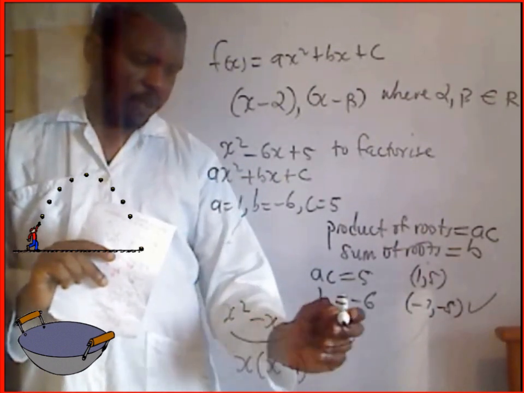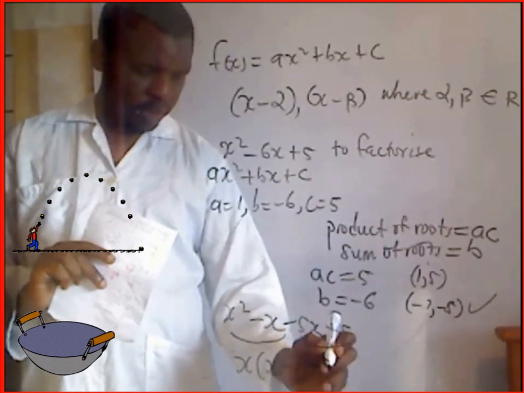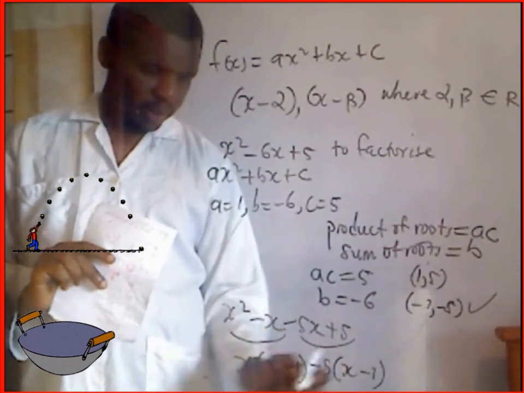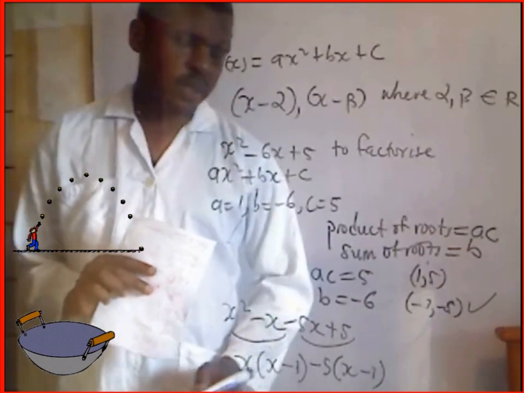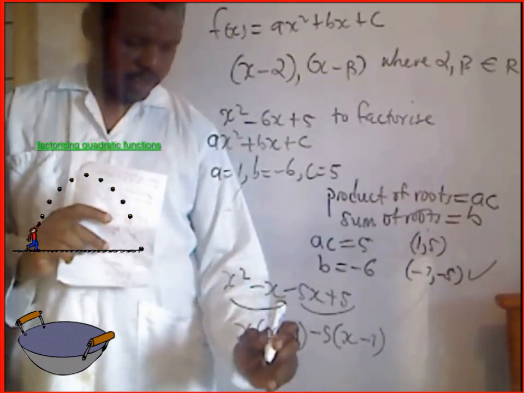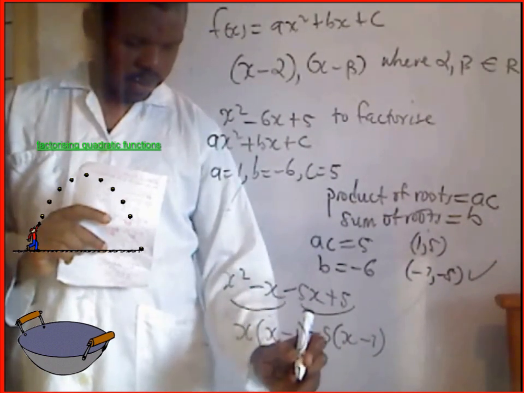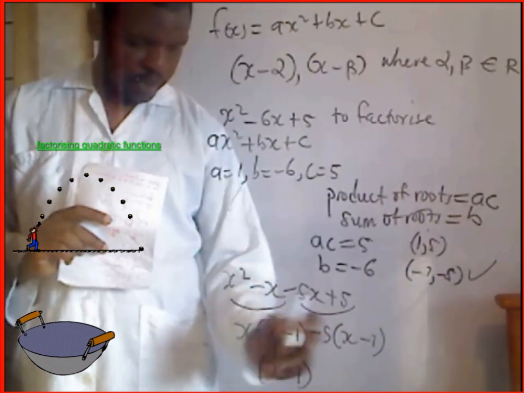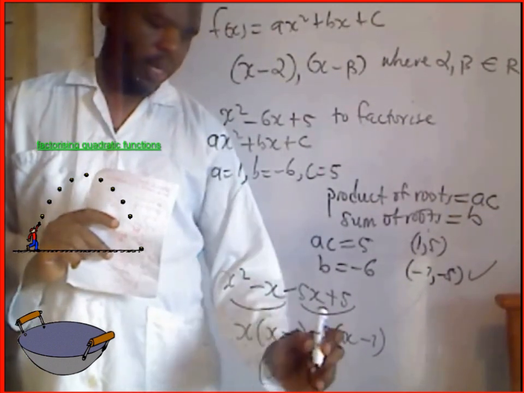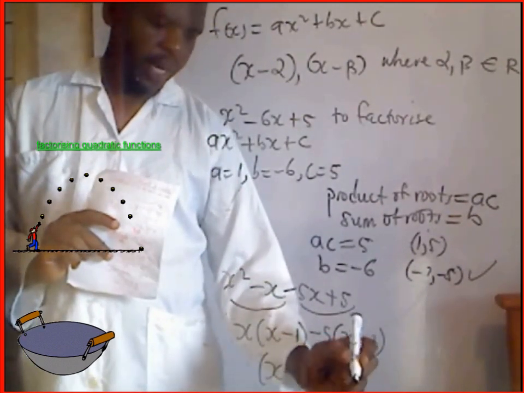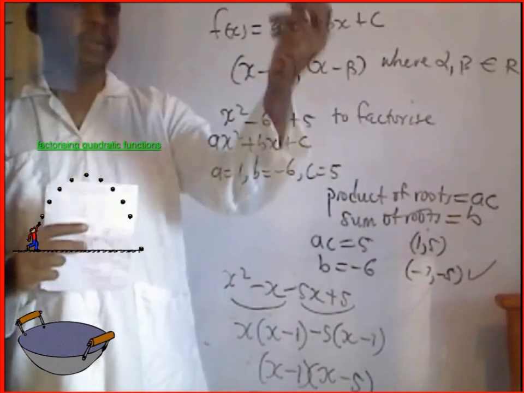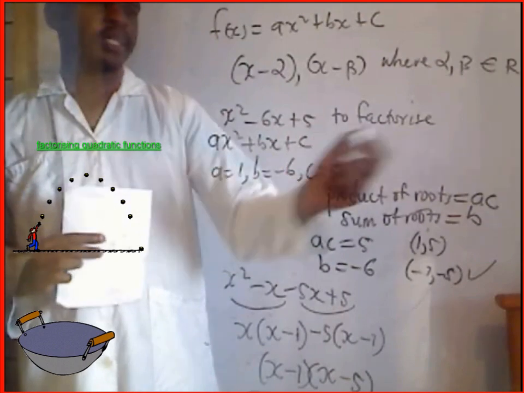Minus 5x plus 5, minus 5 is common. I'll have the x minus 1. So what is in brackets should be the same. Now, x minus 1 occurs twice. I write it once, x minus 1 factor of x minus 5, according to the distributive property. So I have factorized this quadratic function.